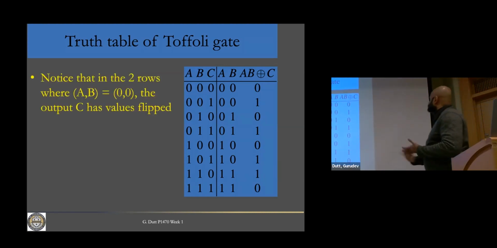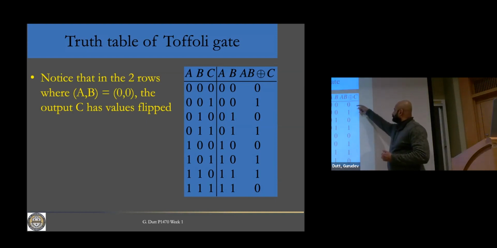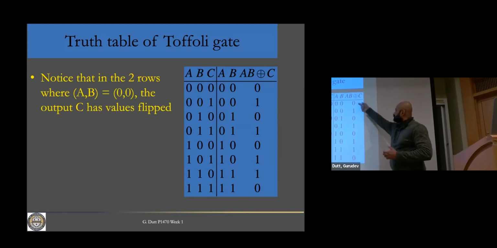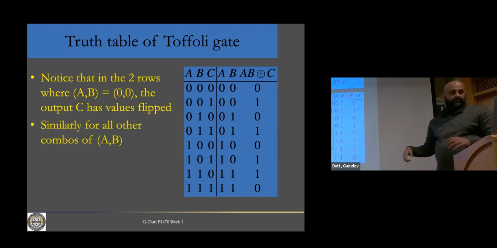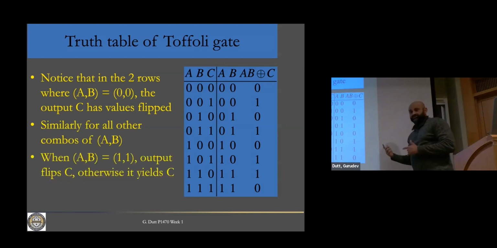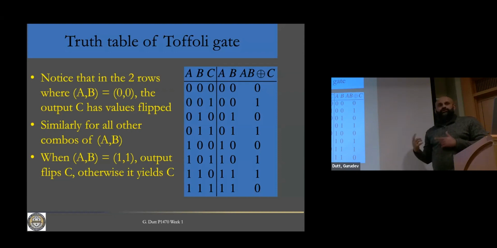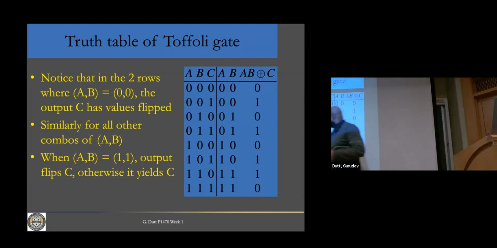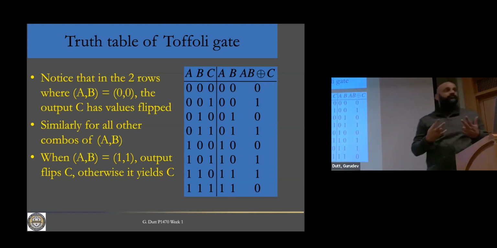Now, the other thing to notice is that the output has the values flipped, right? So it's always 0, 1, 0, 1, 0, 1, and the last one is 1, 0, right? And the last point, which is why this is called a control not, is that it will flip the output C when both A and B are 1.